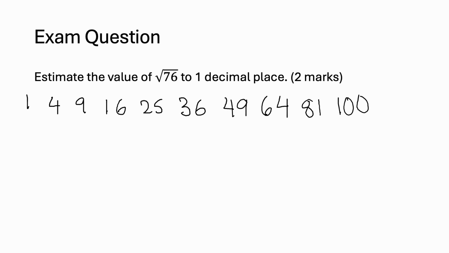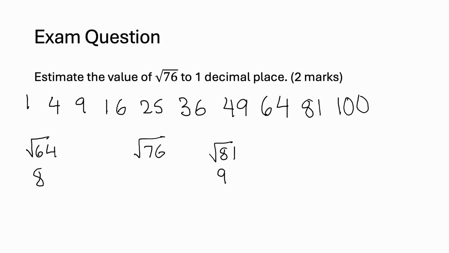Okay, so root 76 we can see is between the square numbers of 64 and 81. So root 64, root 76 is in between there. Then we have root 81. Root of 64 is 8 and root of 81 is 9.